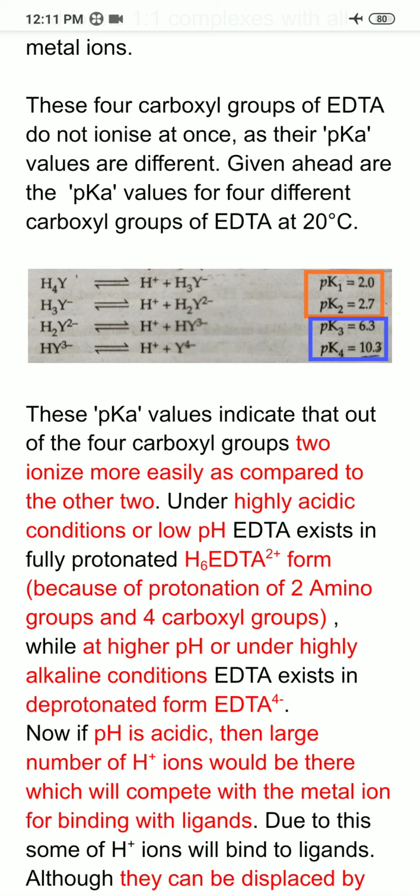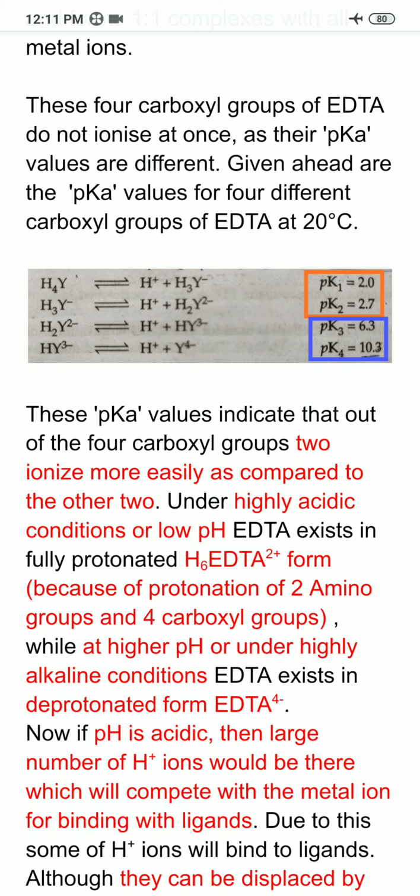There its pKa value, or pK1, is 2, and for the dissociation of H3Y- into H+ plus H2Y2- the pK value is 2.7, and for further dissociation of H2Y2- into HY3- the pK3 is 6.3 and then 10.4.